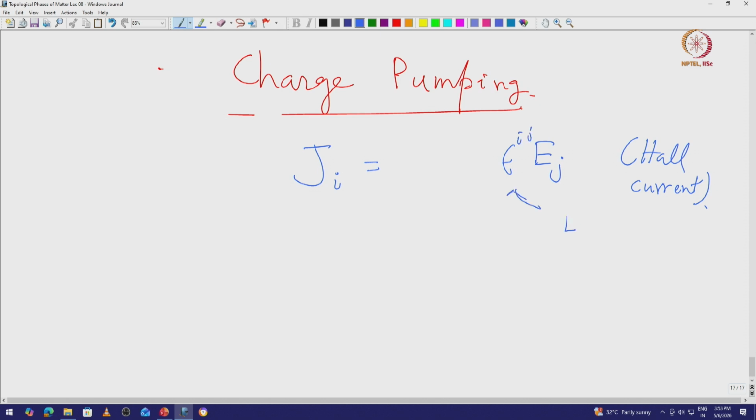And that is my Hall conductivity, or rather if you like. Okay. So, let us start from this equation.